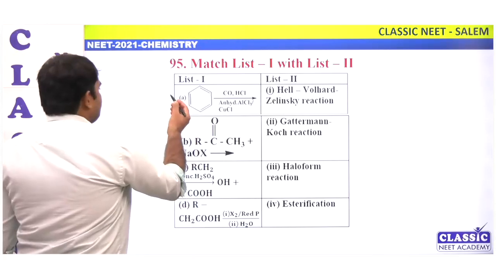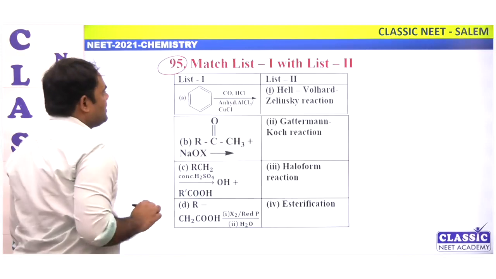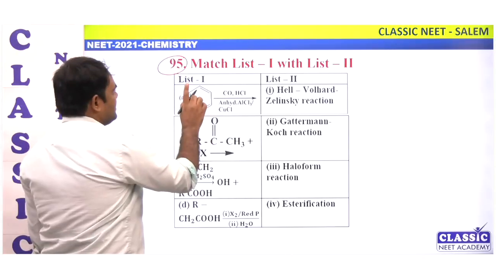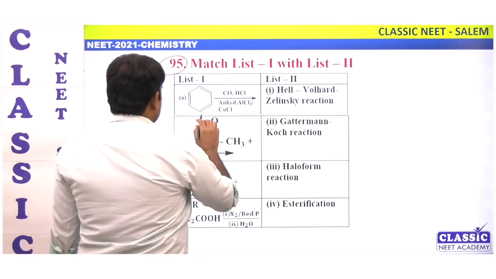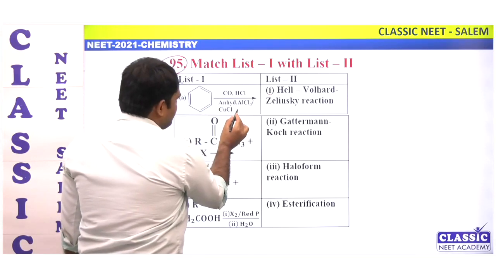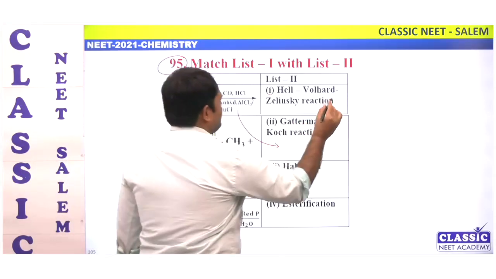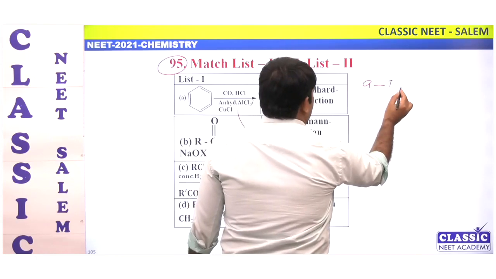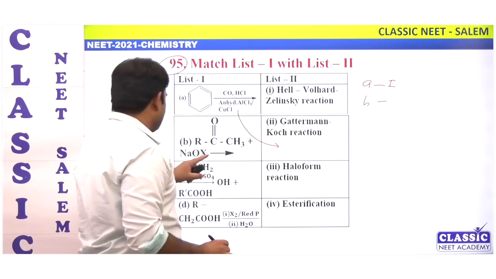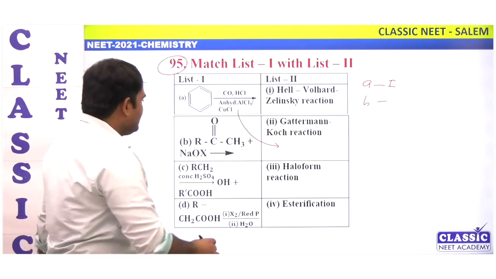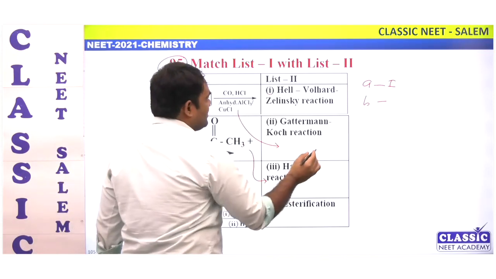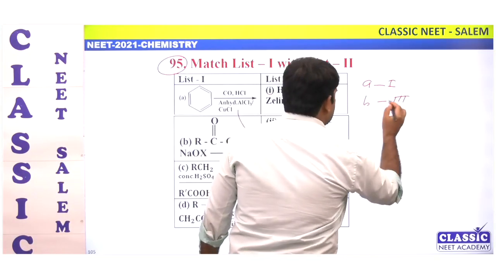So the question is that here we have to match list 1 to list 2. The first one given is the Gattermann-Koch reaction. So A first. What about B? That is the haloform reaction. B third, haloform reaction.